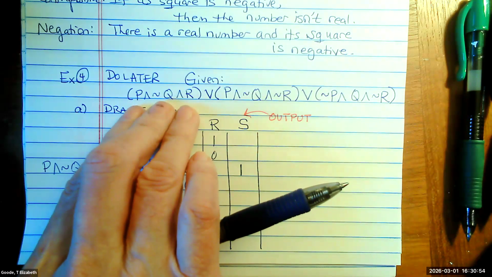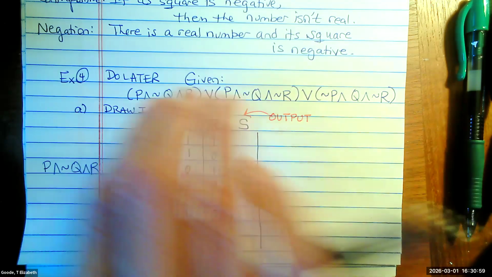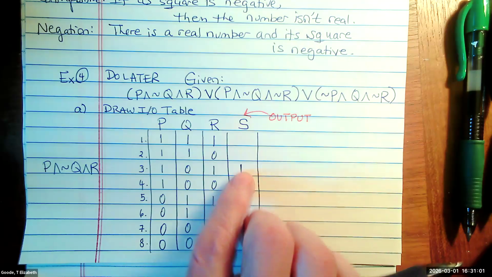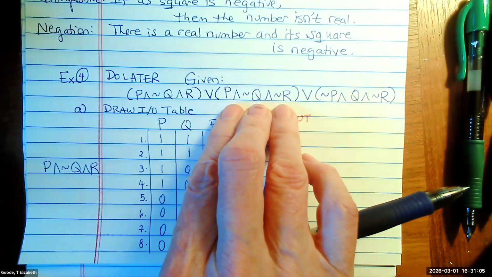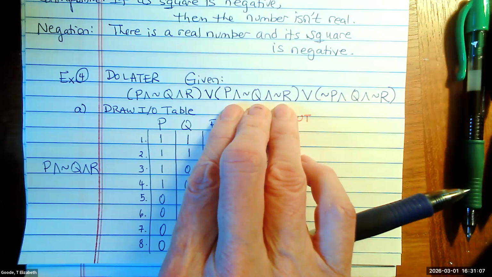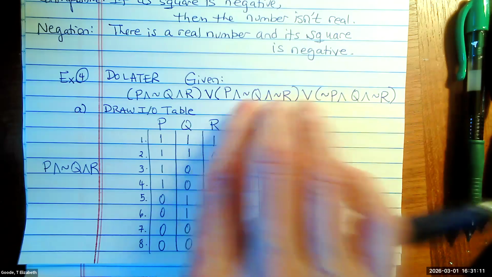If we see P and not Q and R as input, that should give us a hot output. Or if P and not Q and not R is what's true, then that should give us a hot output.